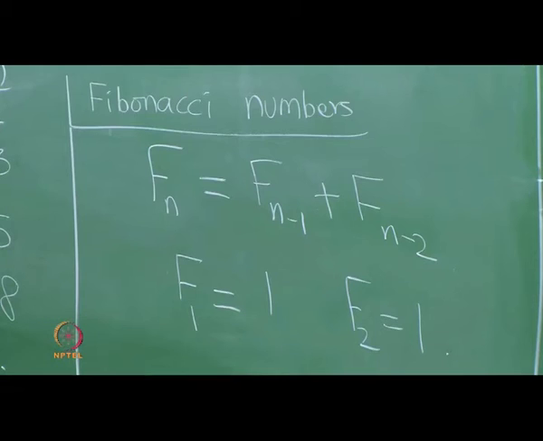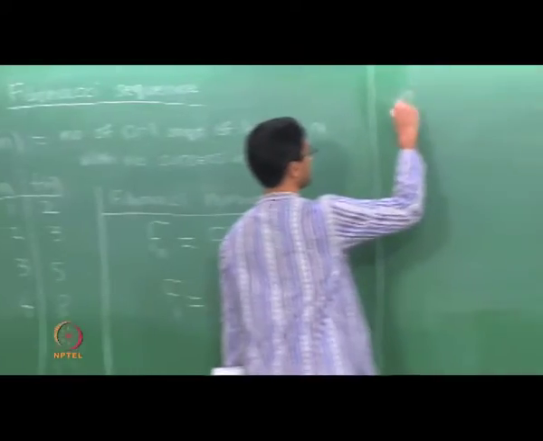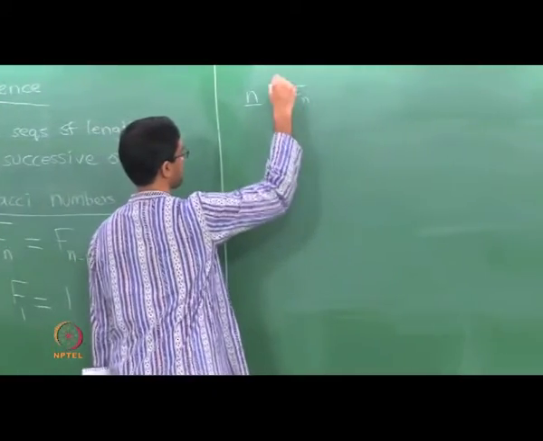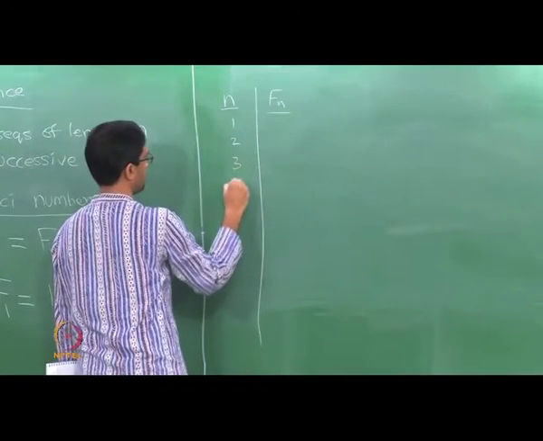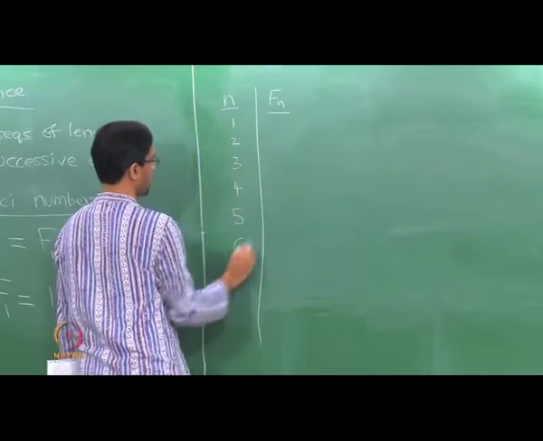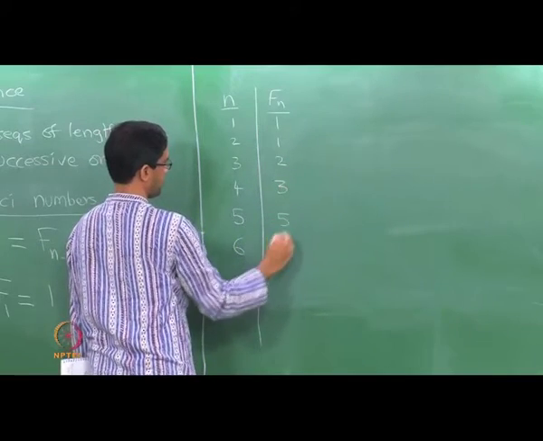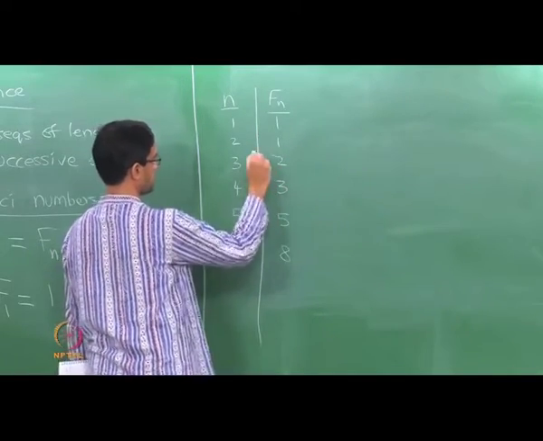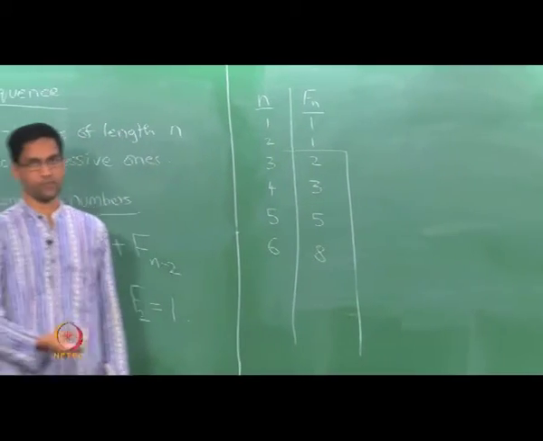Okay, so it starts at 1 1, and then when you form the next term, it is the sum of the two preceding. So the Fibonacci sequence looks like this: n versus F of n. So 1, 2, 3, 4, 5, 6 and so on. So this is 1 1 followed by 2, 3, 5, 8, etc. So observe that from here on what you have are just the values of f of n.